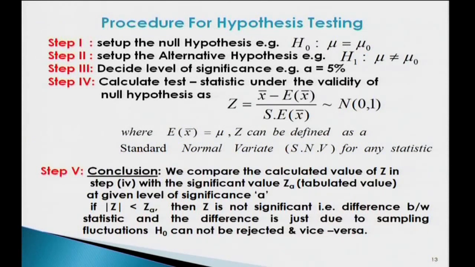Once we have alpha defined, null and alternative hypothesis defined, then we need to calculate the test statistic. Test statistic, we also call that Z cal, would be x bar minus expectation of x bar, by standard error of x bar. Again, that standard error is very important here.